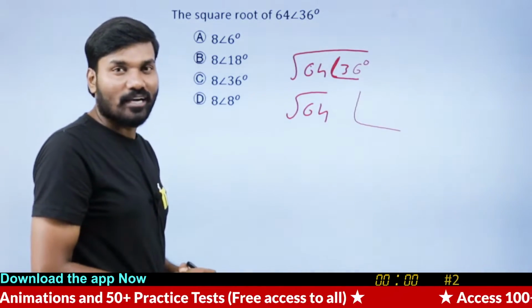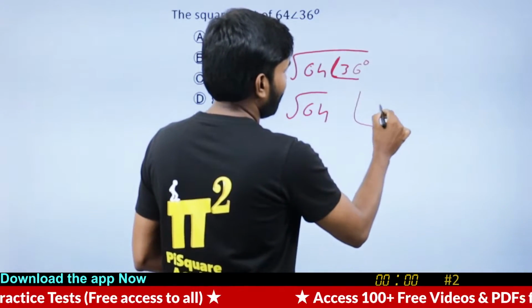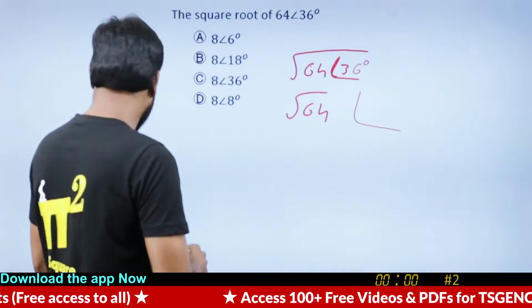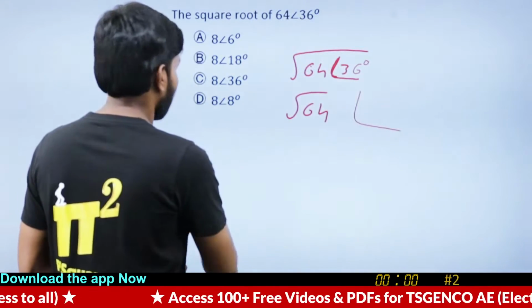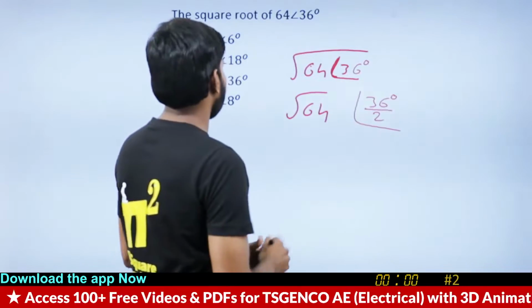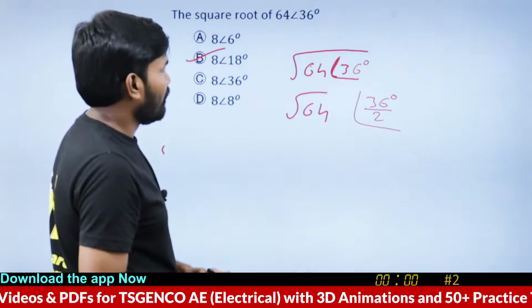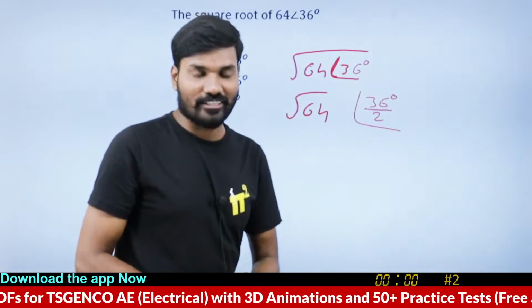Means you have to make this angle half. 36 divided by 2. The answer is 18 degrees, 8 at an angle 18 degrees.